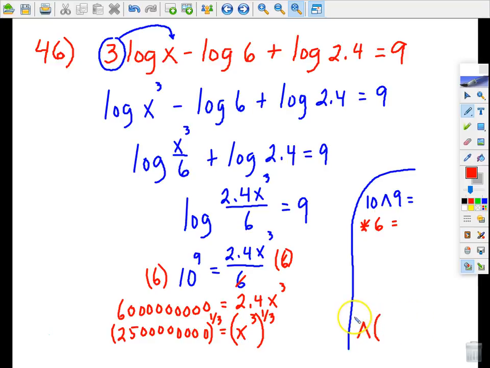And again, it's very important: if you're going to let a fraction be an exponent, you need to put that fraction in parentheses. So left parentheses, 1 divided by 3. That's just another way of doing a cube root. Close parentheses, equals.